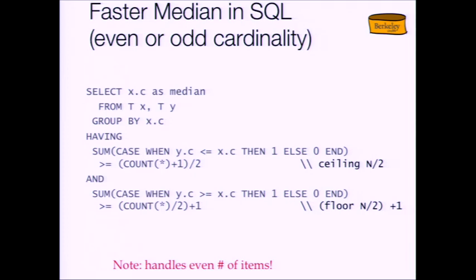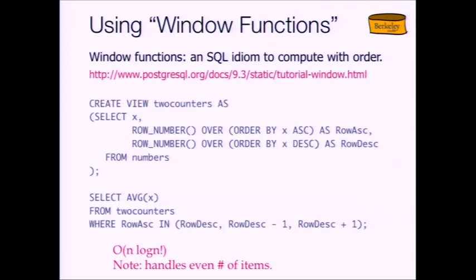Okay, and you'll see in a second we're going to actually take this idea of a self-join and exploit it even more. This is another thing that I'm going to let you puzzle through. SQL, more recently, about 10 or 15 years ago, added this notion of window functions, which have ordering built into them.